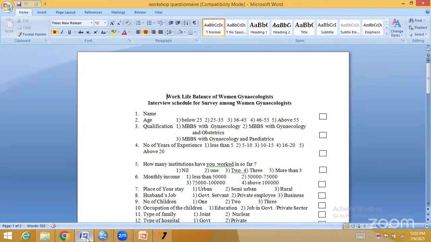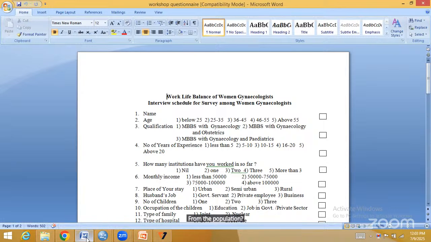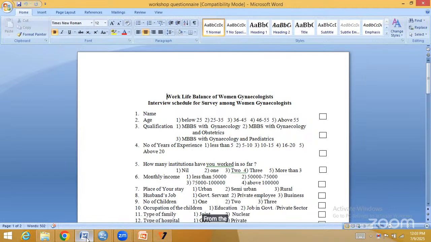By applying probability sampling or non-probability sampling, we select the required number of samples, the optimal sample, from the population by using either simple random sampling, multi-stage random sampling, stratified random sampling, systematic random sampling, or maybe convenience sampling or judgment sampling. Whatever be the method, we select the optimal sample from the population. The optimal sample is determined by applying a formula against the data collected through the pilot study.